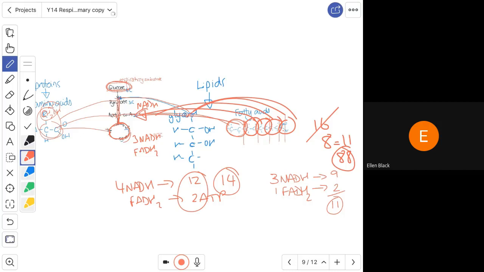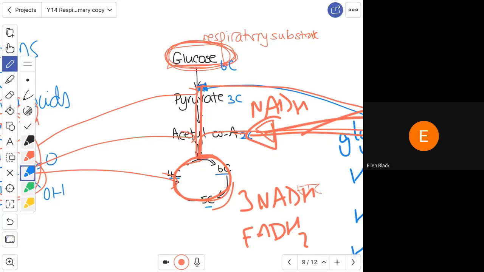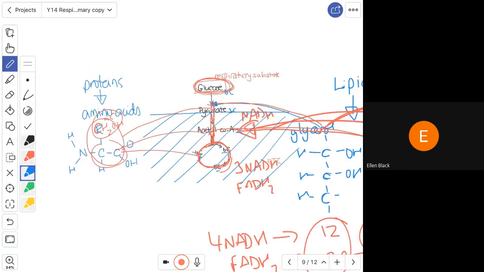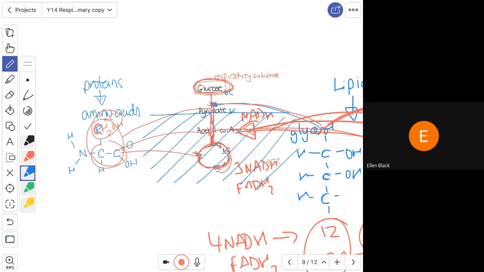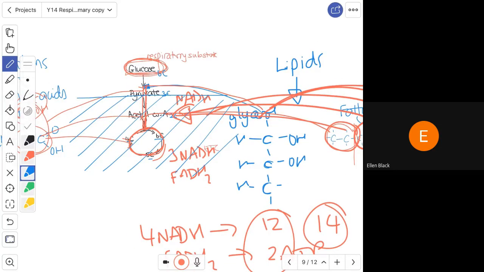Now, if we look back at this, there's another thing I want to bring out. We said if conditions are anaerobic, nothing happens underneath glycolysis. That means that proteins cannot be used in anaerobic conditions, lipids cannot be used in anaerobic conditions.